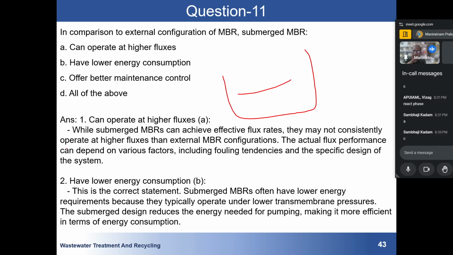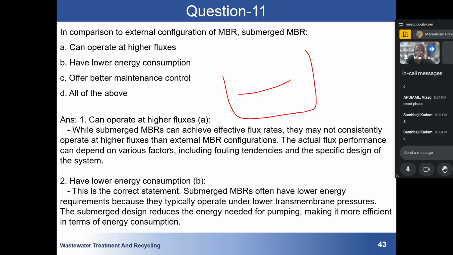I will go through it option by option. Can operate at higher flux: while submerged MBR can achieve effective flux rates, they might not be constantly operating at higher flux. If one is always submerged in wastewater, a huge amount of wastewater will be passing through it, so obviously it will have higher flux. But the actual flux performance can depend upon various factors, including fouling tendency and the specific design of the system.